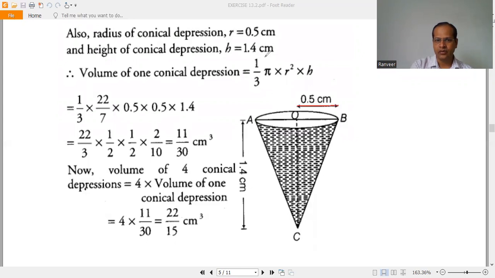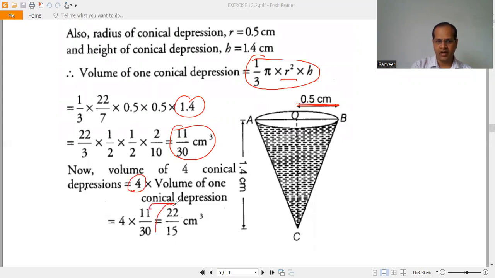It is given. So the volume of one conical depression is 1 by 3 pi, 22 by 7, radius 0.5 and height 1.4. So this is the volume of one conical depression. For the 4, we just multiply this by 4.